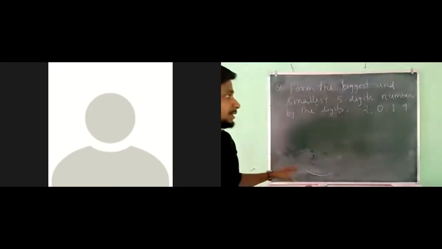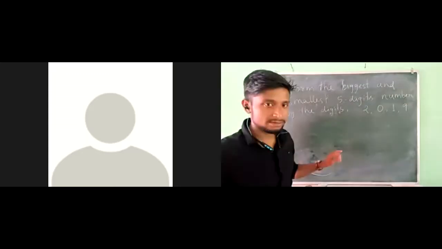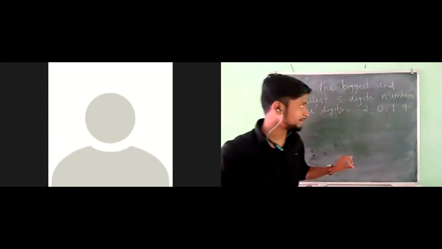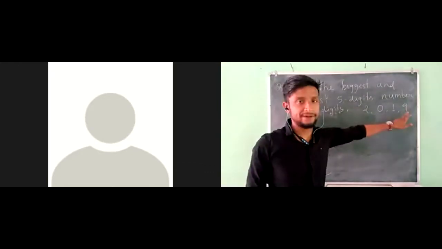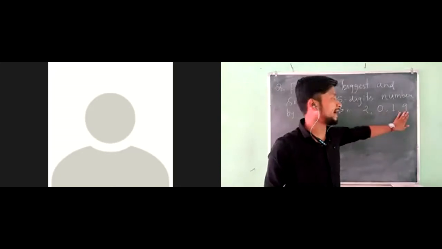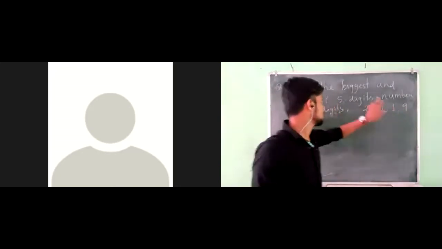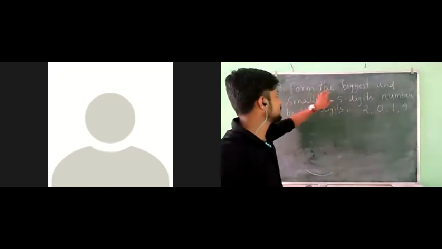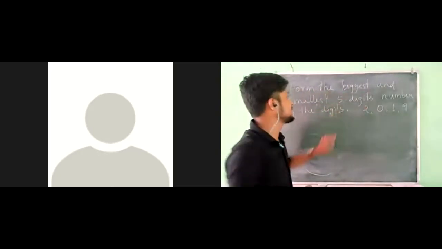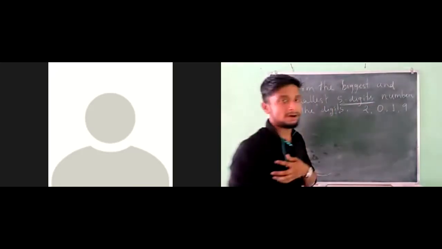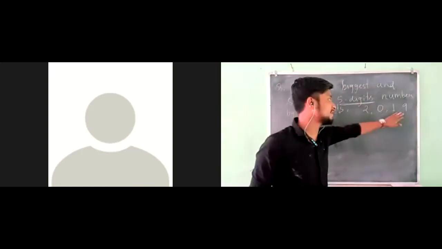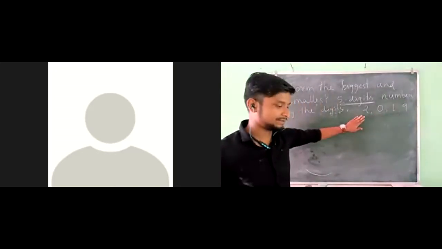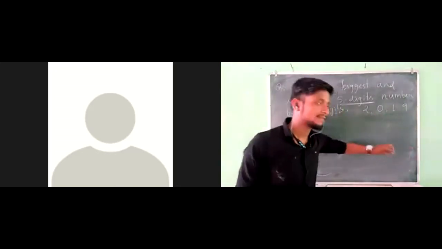Okay, so first, all of you see here, we have only 4 digits given, 2019, but the question is to form the biggest and the smallest 5-digit number. How can we form a 5-digit number from these four digits? You have to repeat a digit, and if it is the biggest number.